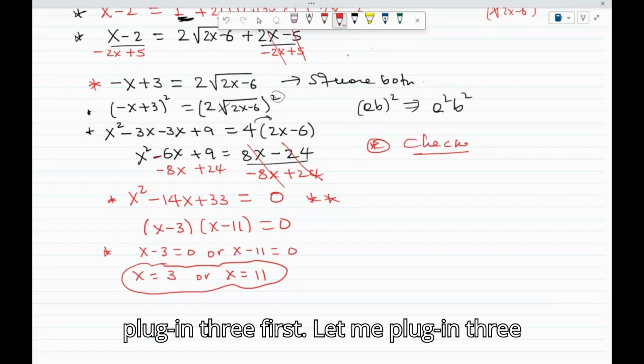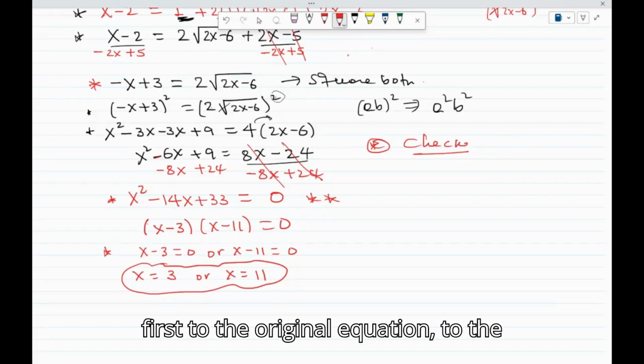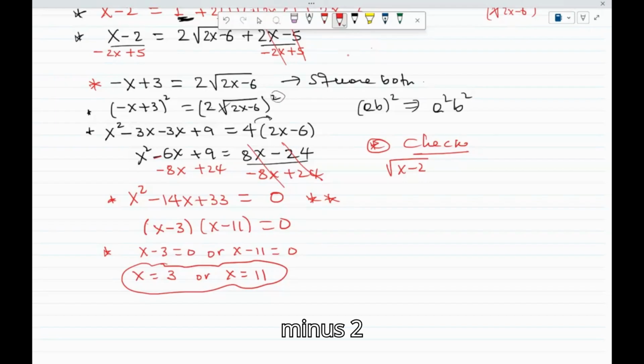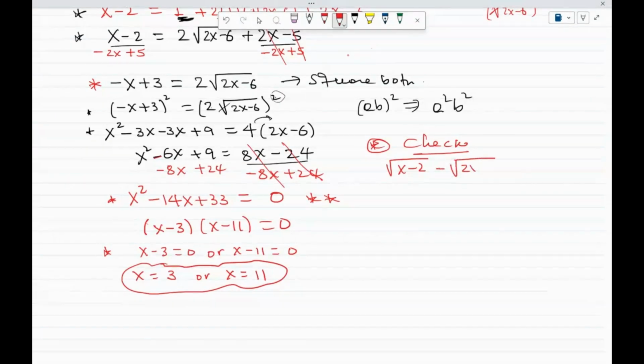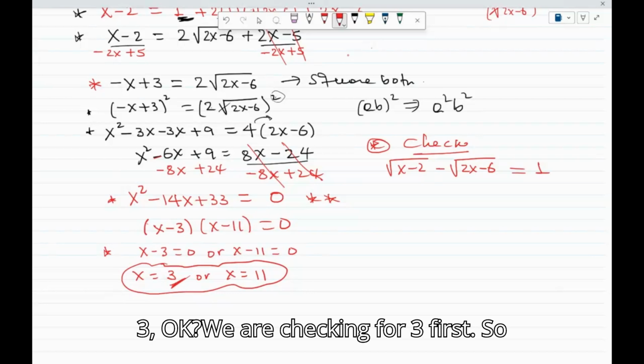Let me plug in 3 first into the original equation. The original equation was the square root of x minus 2, minus the square root of 2x minus 6, equals 1. We are checking for 3 first.